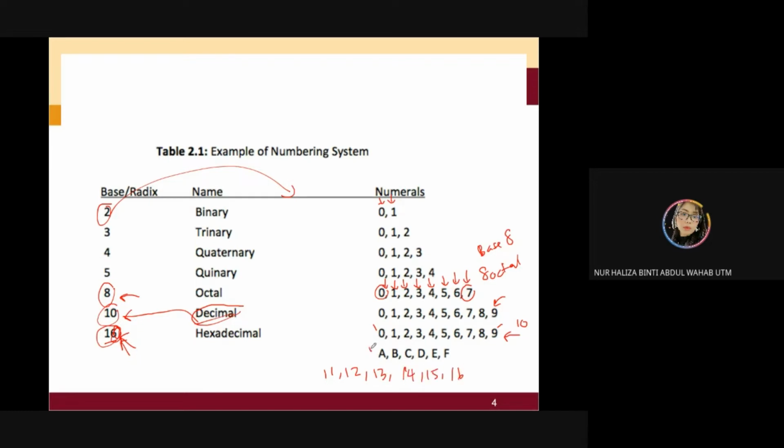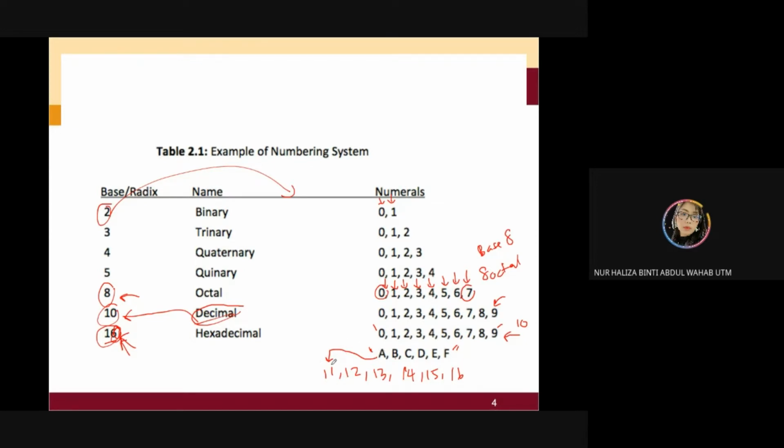Instead, the representation will be A, B, C, D, E, F. The values in decimal will be 10, 11, 12, 13, 14, 15.